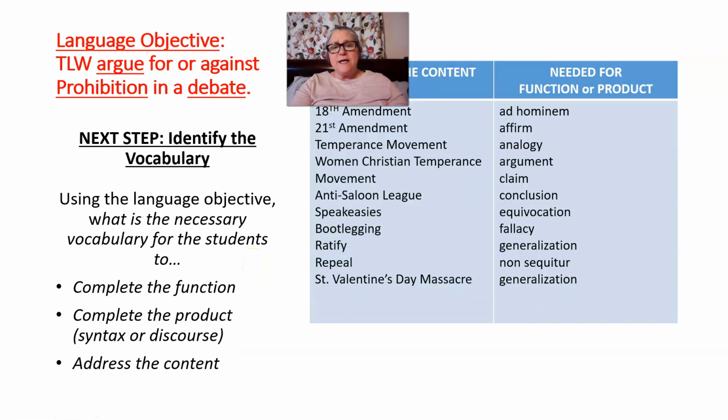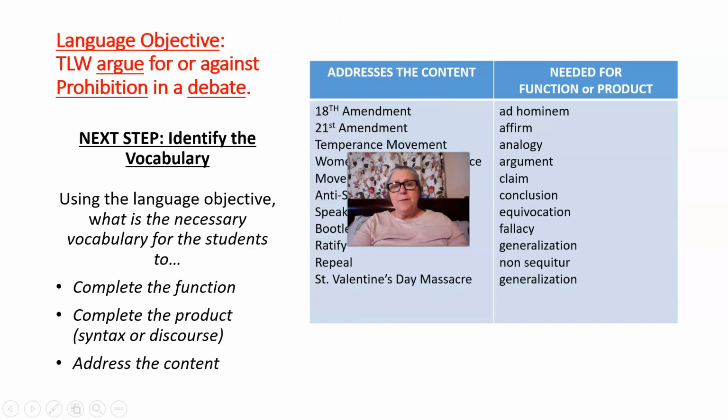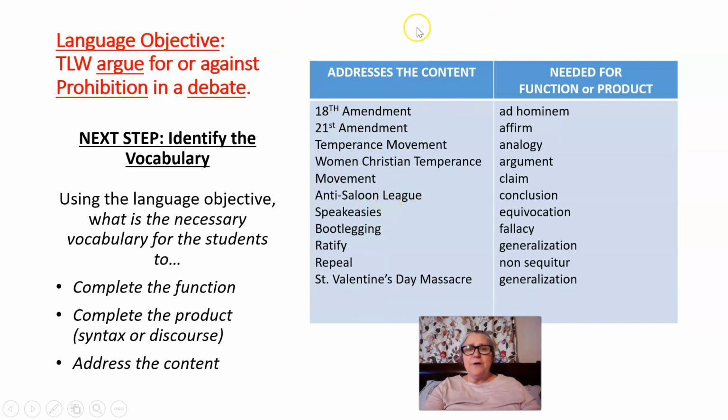That's why you often see on our lesson plan template a separation between academic language and content vocabulary. Academic vocabulary is the vocabulary that you need for your function and for your product, your syntax, your discourse. So, for example, my students need to know how to argue in a debate, so they're probably going to need to know the words claim, fallacy, generalization, conclusion, affirm.